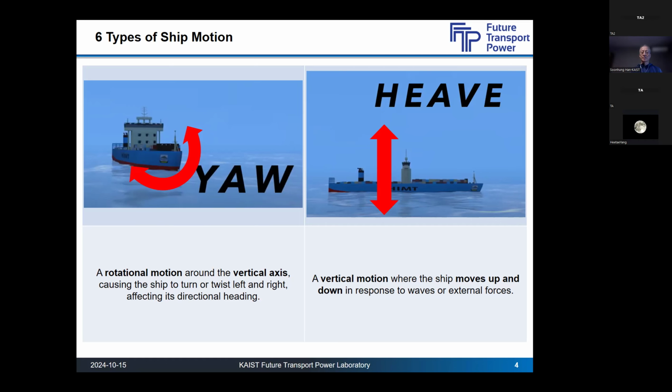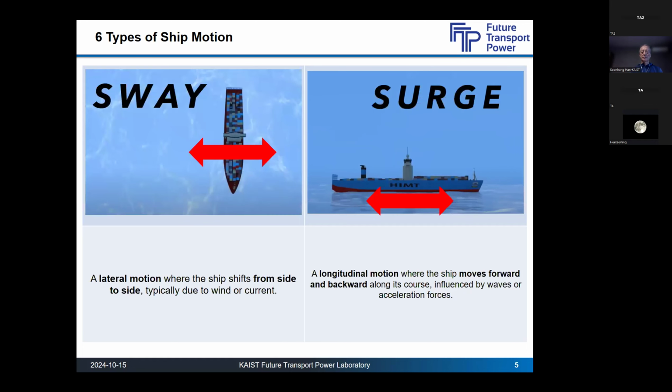And the fourth is heaving. Heaving is the vertical motion where the ship moves up and down from the ocean plane, in response to waves or external forces on the ship. And the fifth is swaying. It's a lateral motion where the ship shifts from side to side, in the top view, left to right.